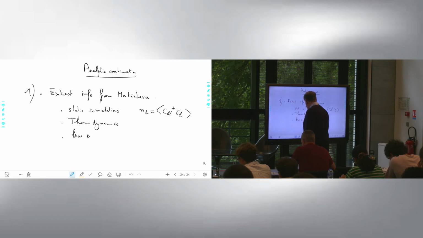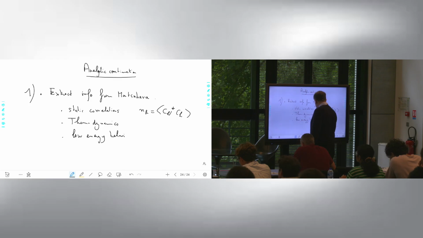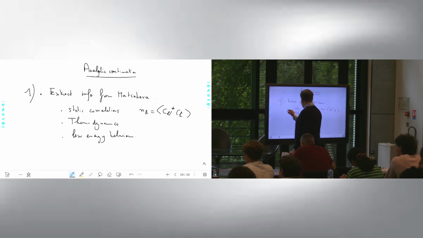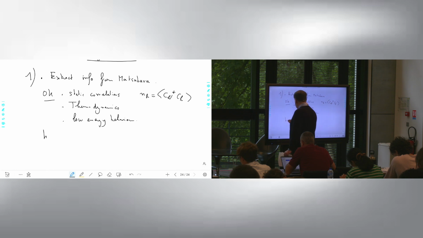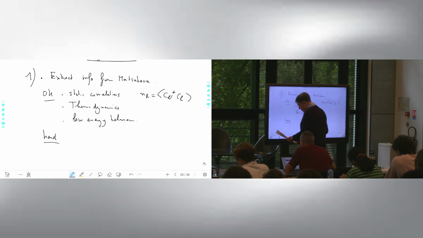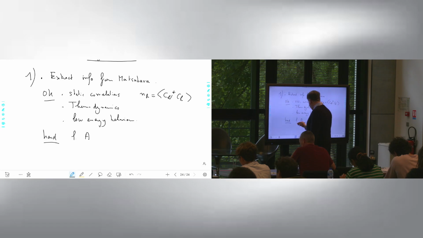I'll show you an example later. What's hard or impossible is the full A of omega.